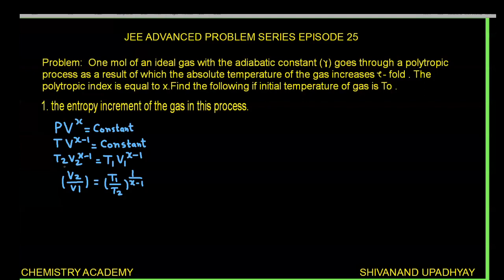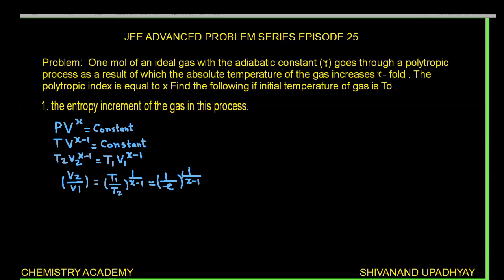What I have done is taken T2 to the right hand side and V1 to the power X minus 1 to the left hand side, so it is V2 upon V1 to the power X minus 1. When I simplify it, it becomes T1 upon T2 to the power 1 upon X minus 1. T2 upon T1, final temperature upon initial temperature, is tau here, so initial upon final is 1 upon tau, giving 1 upon tau to the power 1 upon X minus 1.